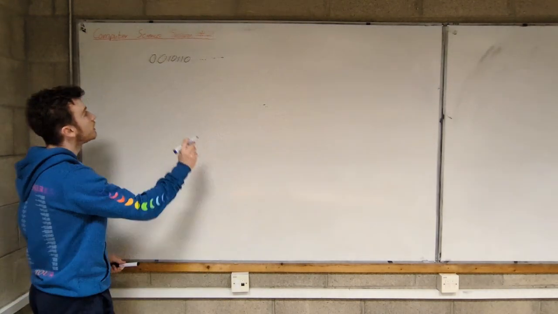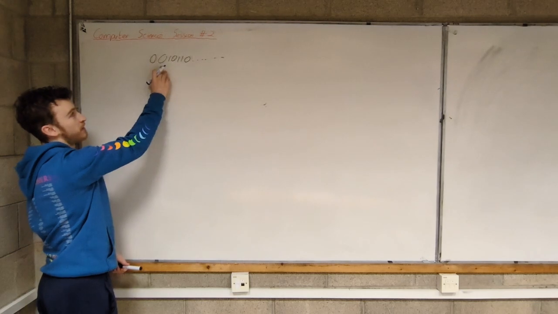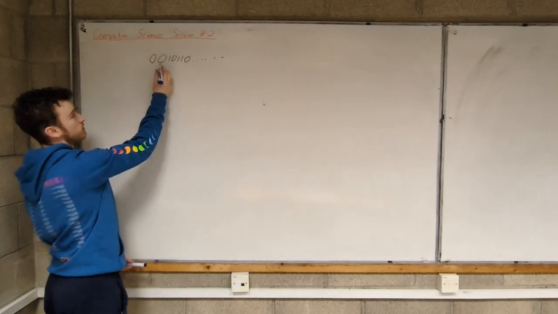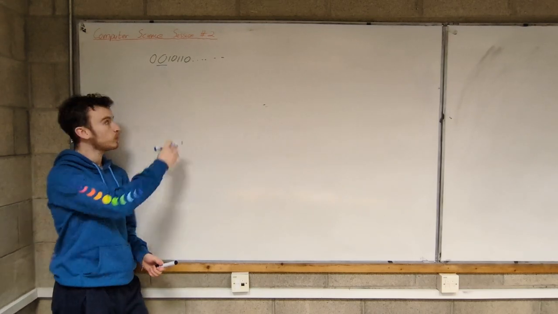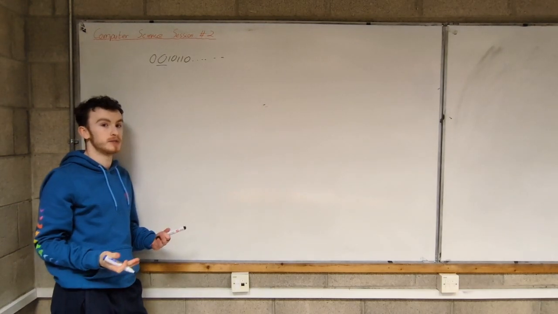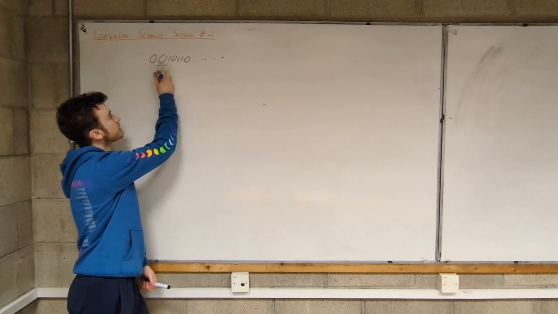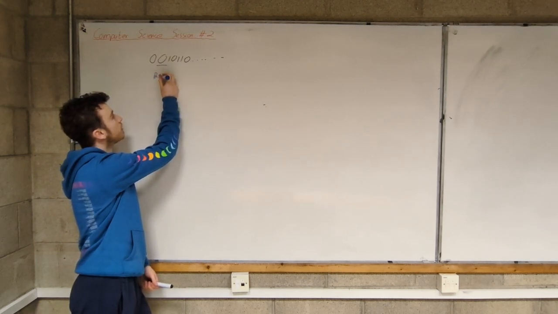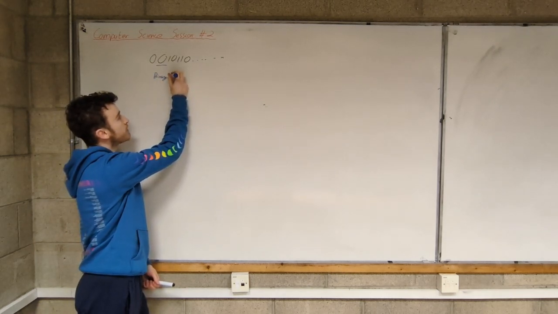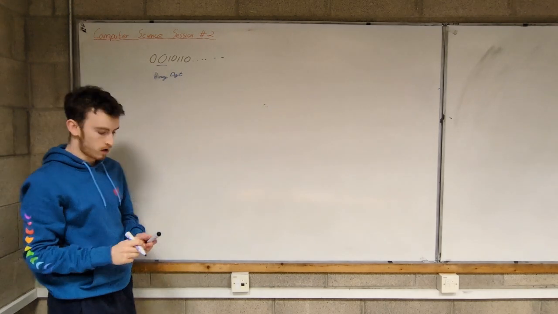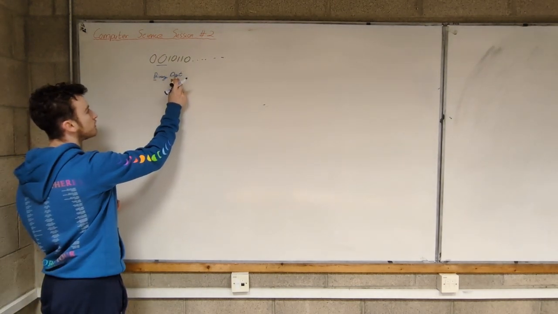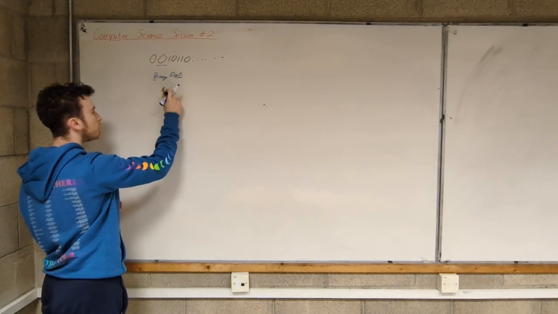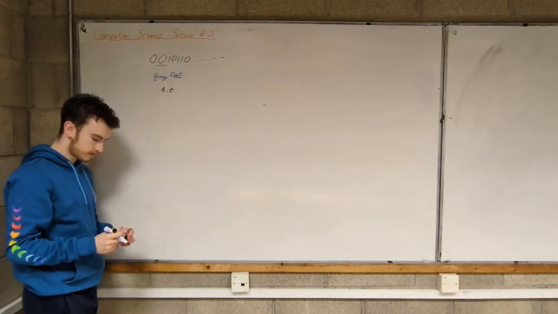So each of these pieces of binary, each of these either ones or zeros, right? So this one, for example, we would call that a digit in our number system. So this is a binary digit, or, as you may have heard, a bit.